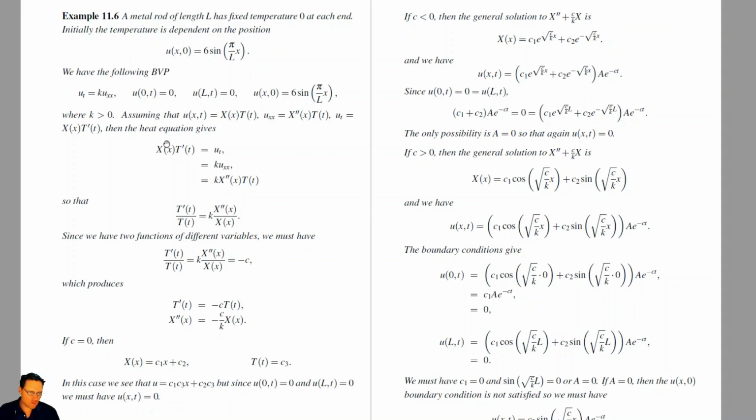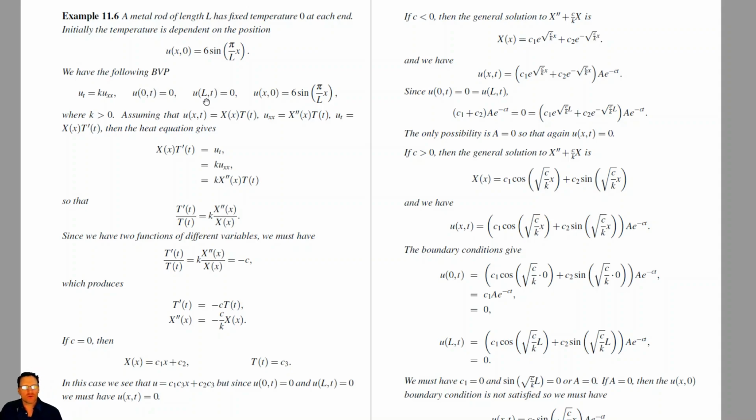Okay, so the heat equation comes first, and then we have a condition at one end of the rod. So when x is 0, we've got 0, and we're told that here, fixed temperature 0 at each end. So that's how we write that boundary value. And then at the other end, which is when x is equal to the length of the rod L, we also have 0 for our temperature.